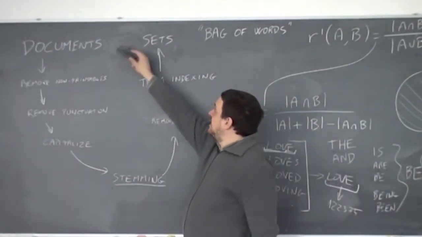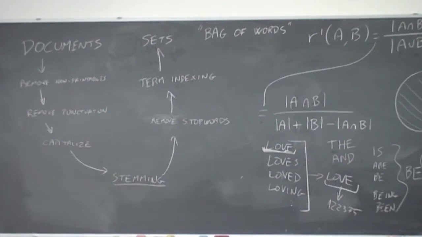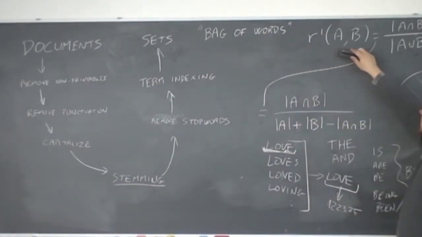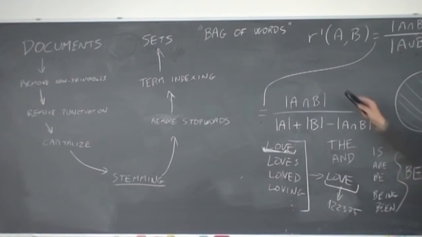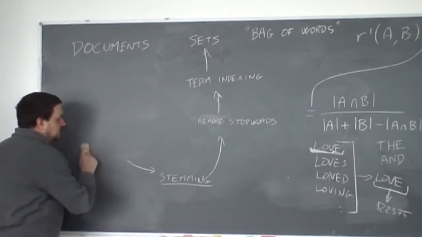The document becomes actually a set of numbers. Okay. And if we do this kind of representation, we can actually, for example, given two documents, compute their similarity based on the Jaccard coefficient. Now, let's move to a different representation.